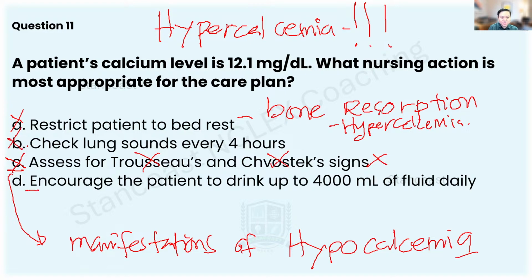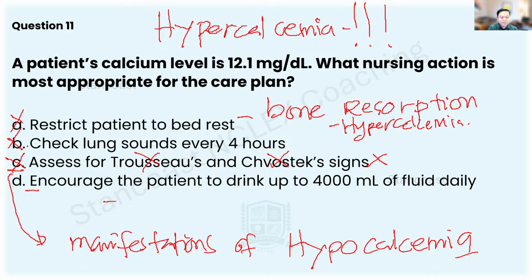If you answered letter D, encourage the patient to drink up to 4,000 mL of fluid per day, that is appropriate because when there is hypercalcemia, you are supposed to prevent the formation of kidney stones. This can lead to renal calculi.